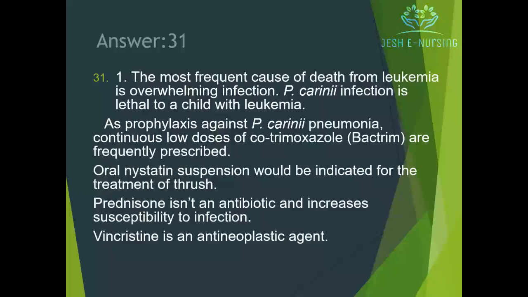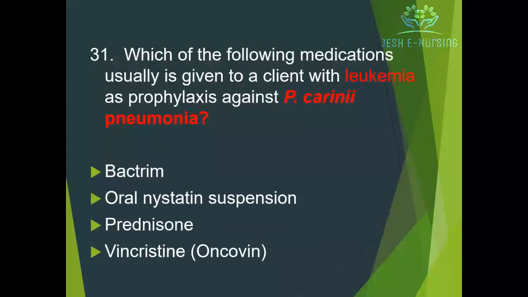The most frequent cause of death in leukemia, or in any kind of cancer patients taking chemotherapy medicine, is mostly infection. So the prophylaxis agent we need to give is to prevent pneumonia. So Bactrim is the drug of choice here.